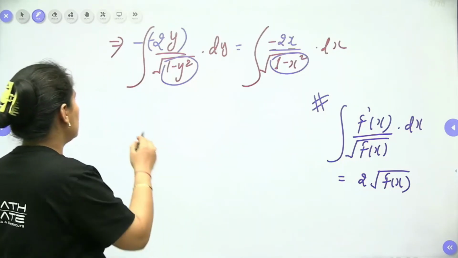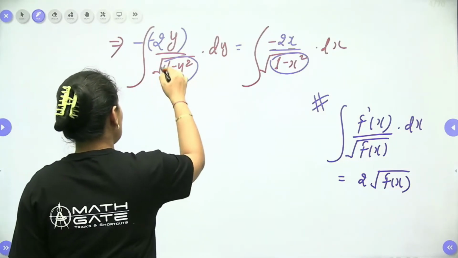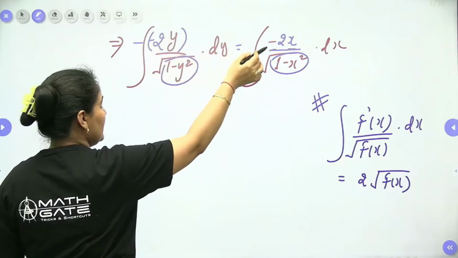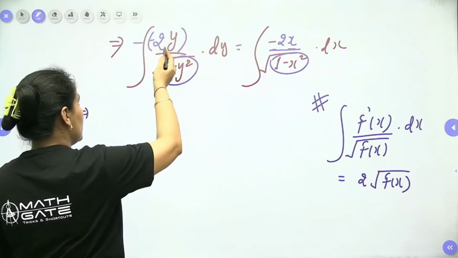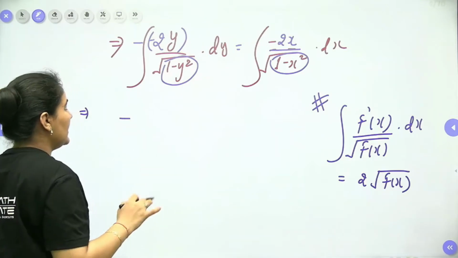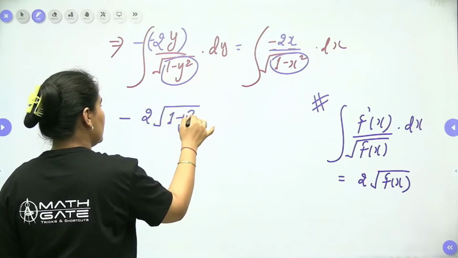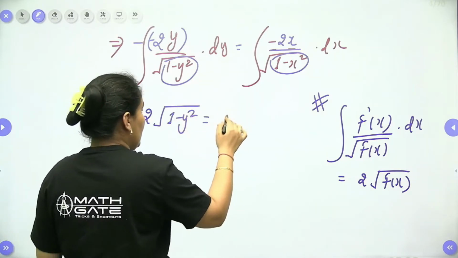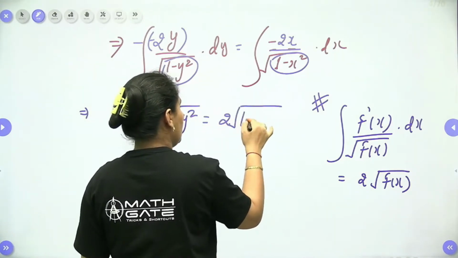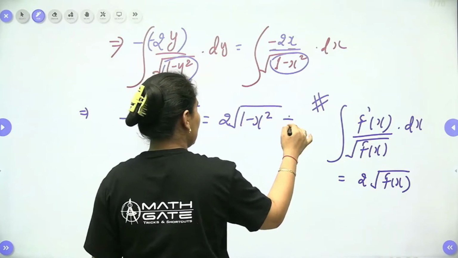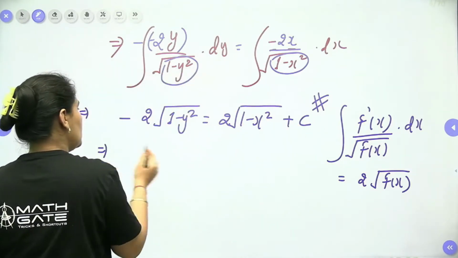Now let's approach it. When you approach it, it will be negative and negative. Let me write it down here. It will be twice the root of fx, means twice the root of 1 minus y square is equal to twice into root of 1 minus x square, plus c.